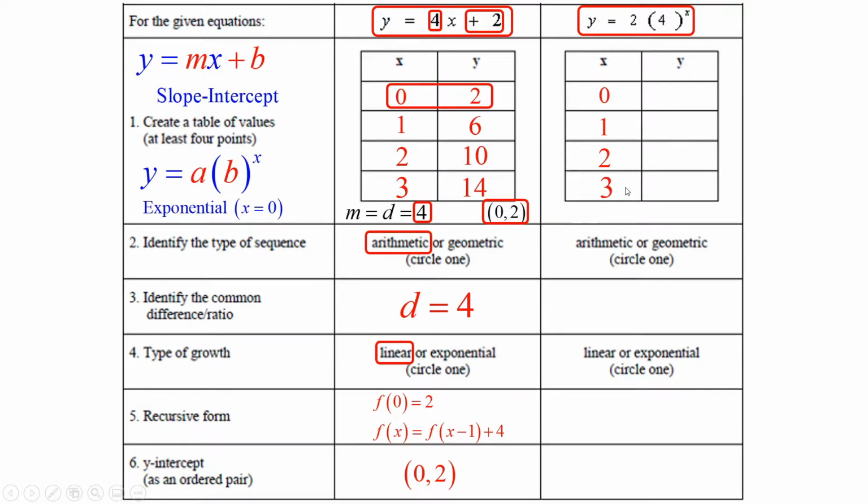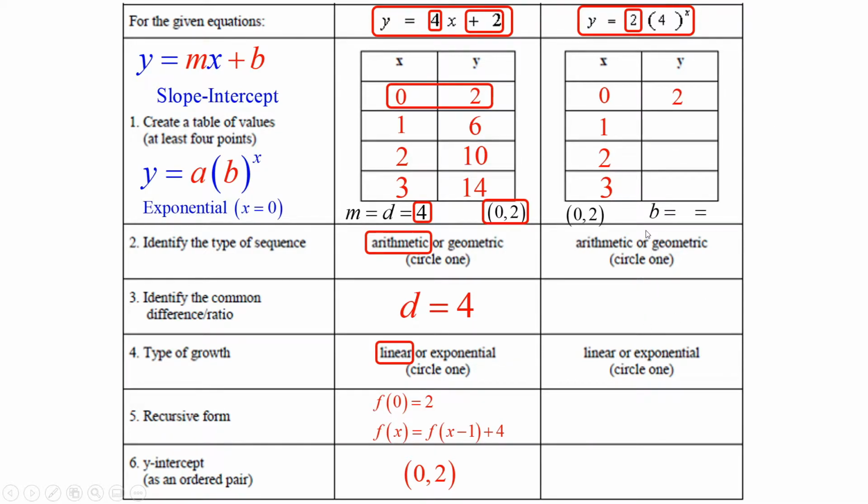And now, what do we know here? Well, the a is always my first y value. All right, it's my first output. So when x equals 0, y has to equal 2. And then the b is my base. That's what I'm multiplying by every time. So there's my 2 right there.